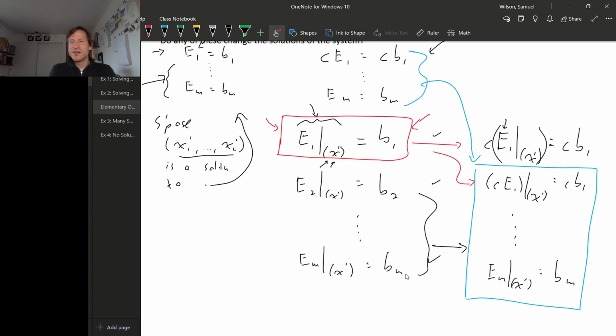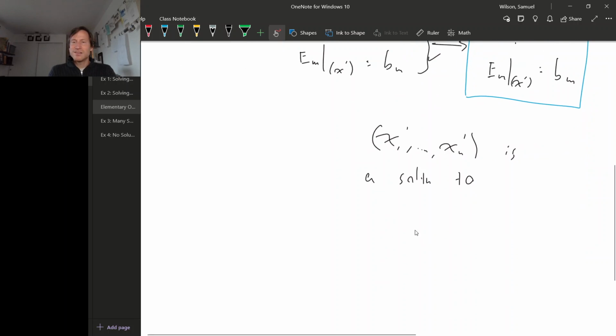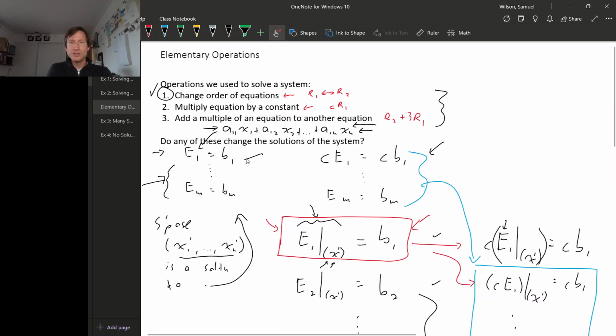So what we've proved here is that all of our x prime values, from x1 up to xn prime, are a solution to the system of equations that you get by multiplying the first one by c, which is this big mess. So if we have a solution to the original system, then it is also a solution to the modified system after multiplying by a constant.